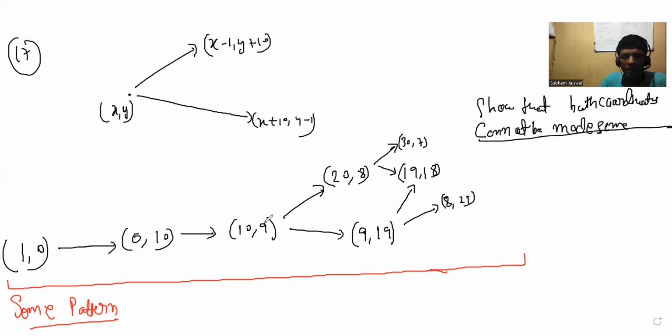10,9. Sorry, so from here, but for that he has to make another exchange, right, to go to 28. So it's a binary tree.